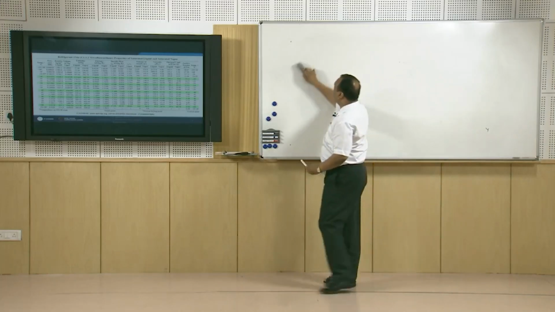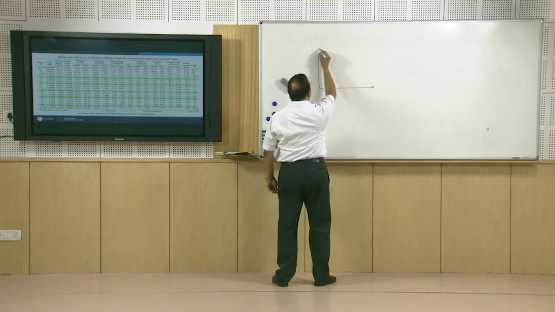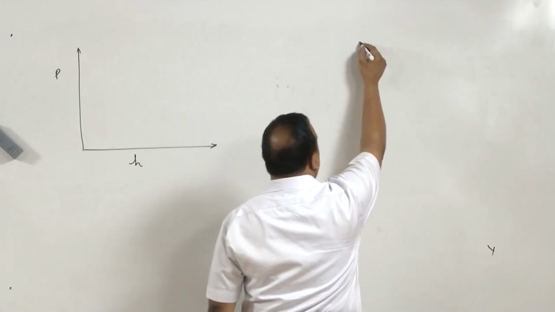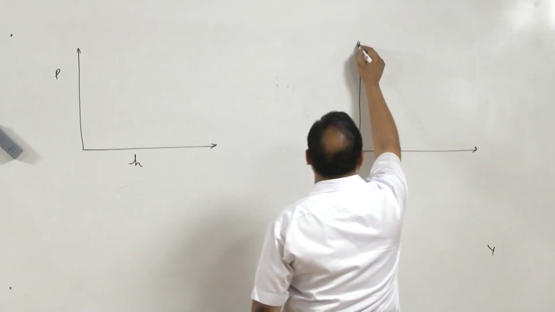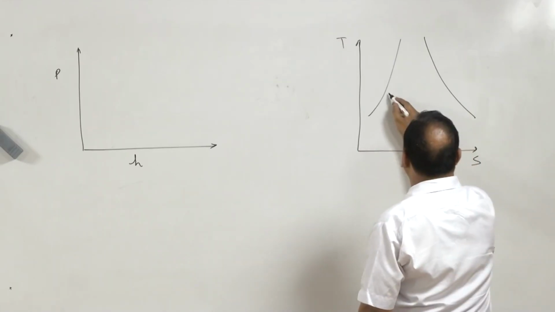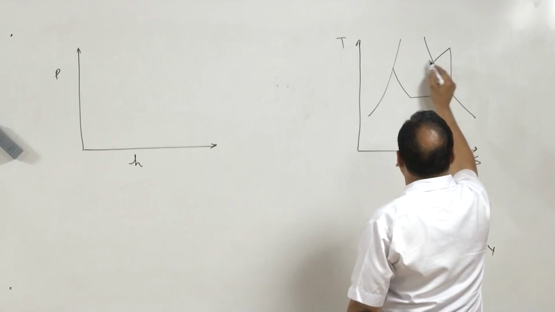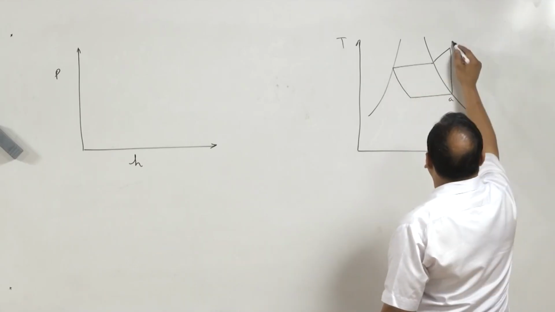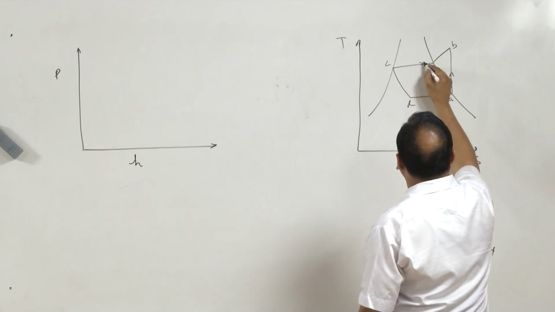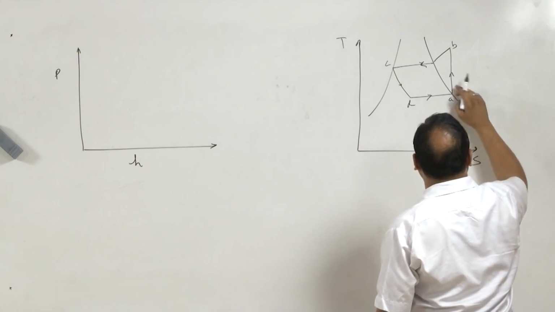So, in a nutshell, if you want to transform the process on the temperature entropy diagram, that is TS, A, B, C, D, sorry, this direction, this, and if the liquid is subcooled here and superheated here.